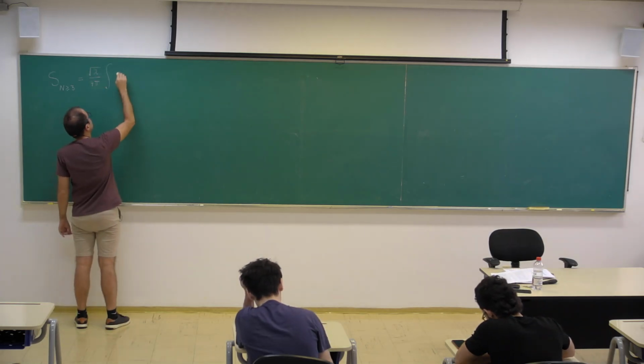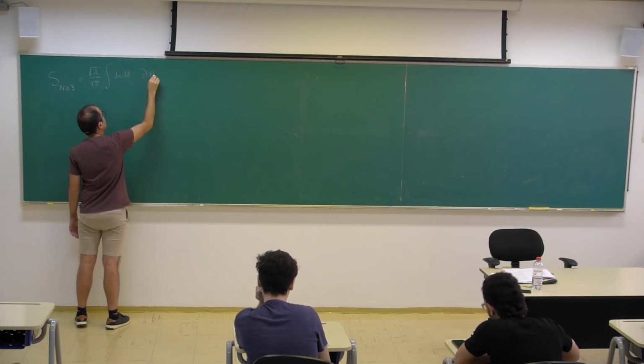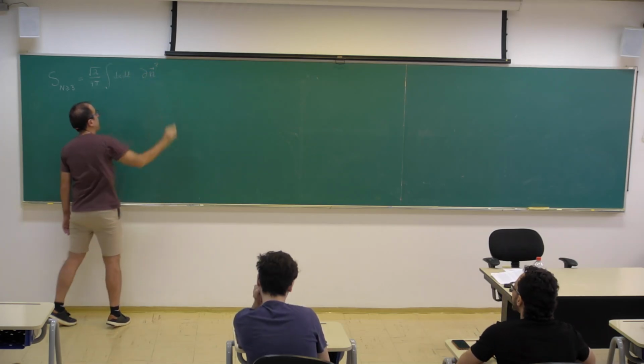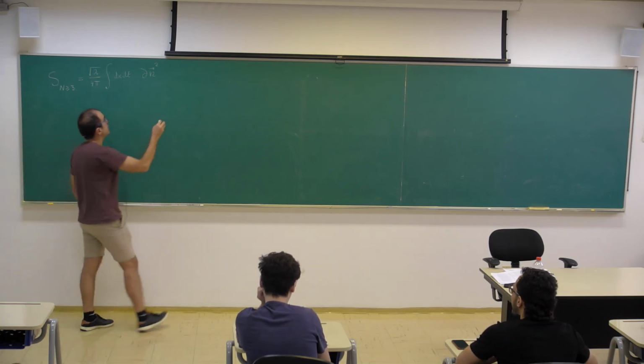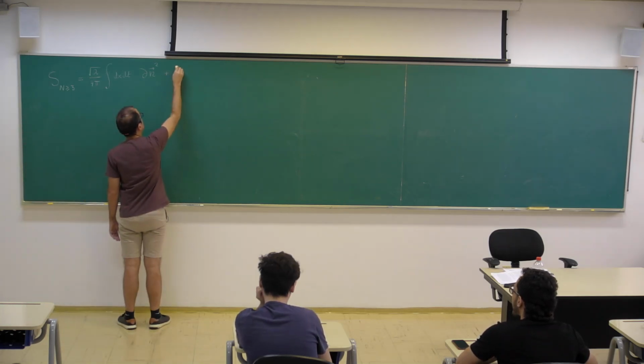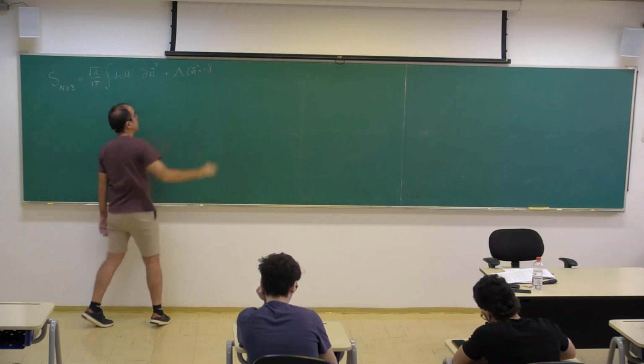And then an integral over space and time of the derivative of a vector n squared, where n is on the unit sphere. So we can put a Lagrange multiplier forcing n squared to be 1.